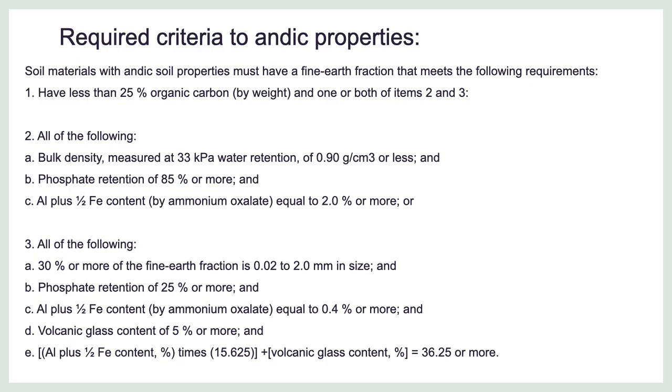Okay, and of course we need to fit something that's quite hard to measure. We can only do this after lab analysis: the aluminum extracted by ammonium oxalate plus half of the iron content, times this factor, plus the volcanic glass content should be equal to or higher than this value, 36.25.